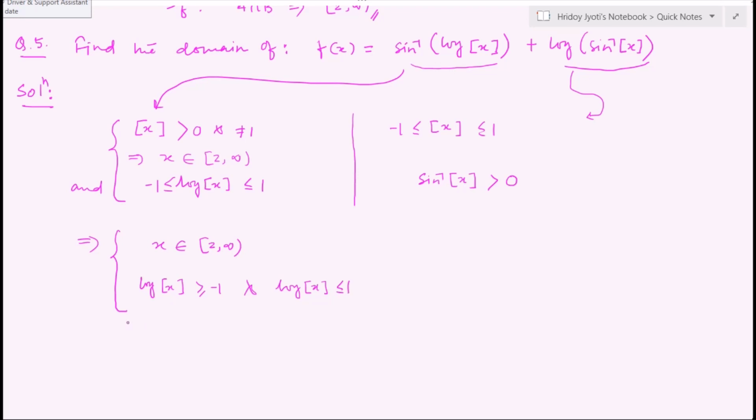So we'll slightly modify this one as GIF of x is greater than or equal to 10 to the power minus 1, that is 1 by 10. So x will be belonging to the closed interval 1 to infinity.